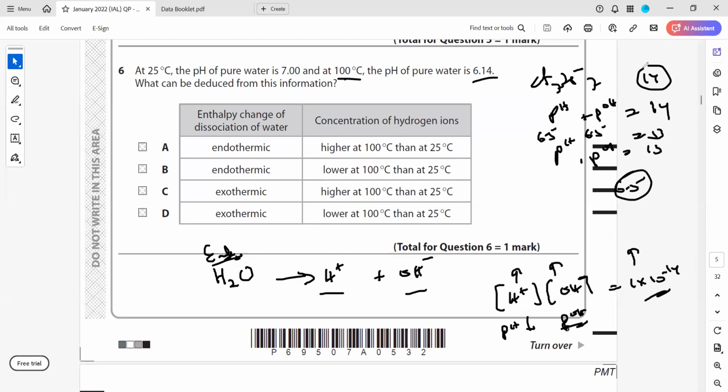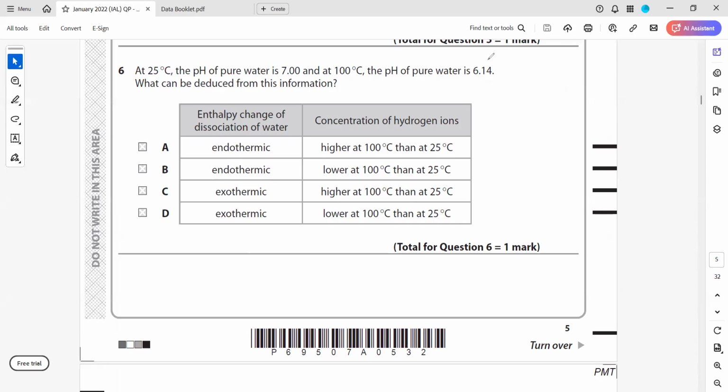So at 25 degrees centigrade, the solution will be neutral at pH 7, but at higher temperature, let's say at 50, the pH of the solution will be 6.5. pOH is also 6.5, so the solution is still neutral because the pH and pOH are the same.